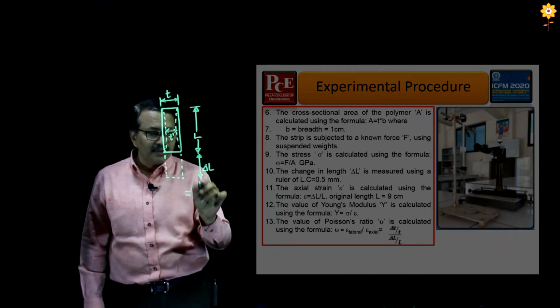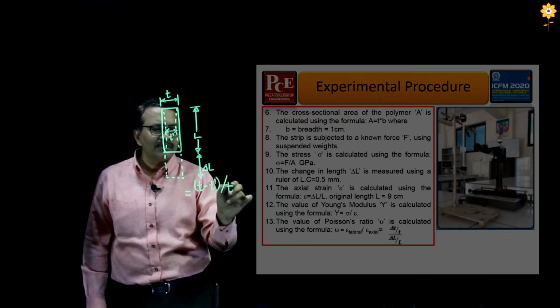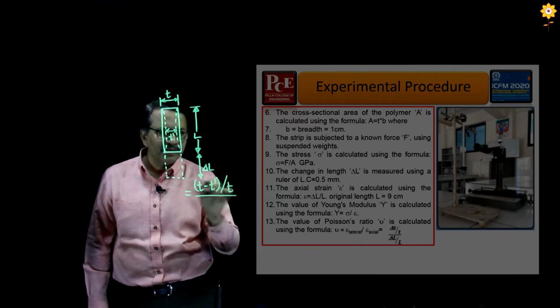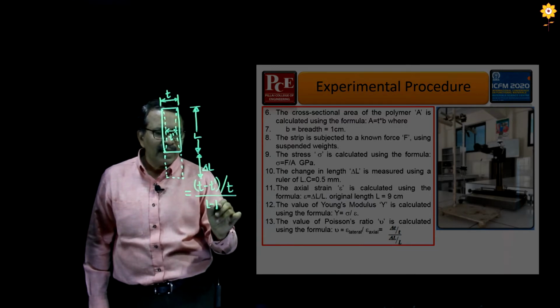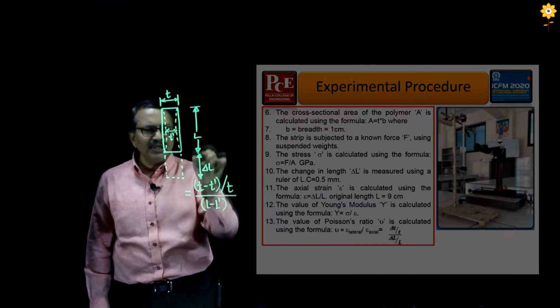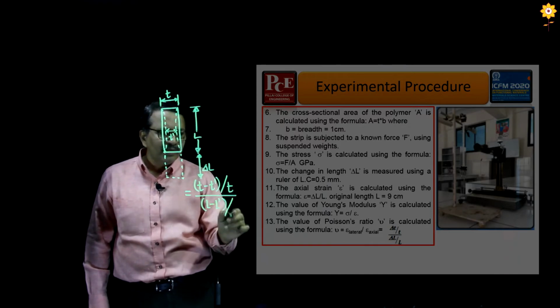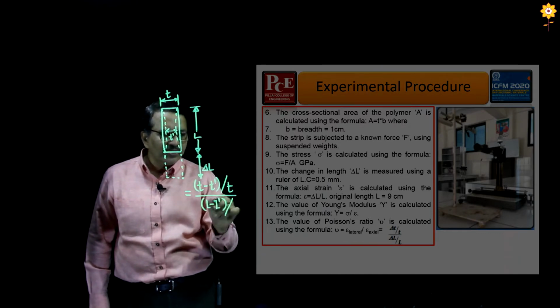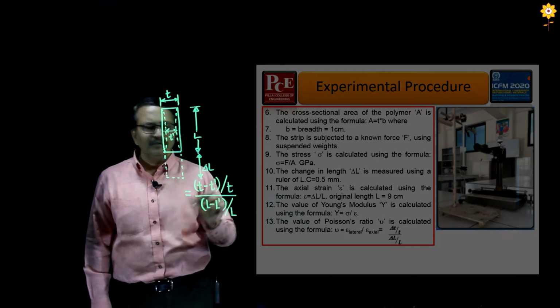So that is T minus T dash divided by the original one, which is T, this divided by L minus L dash, and this L dash takes into consideration L plus delta L, divided by your original length, which is equal to L. Now what is this ratio that we have done over here?